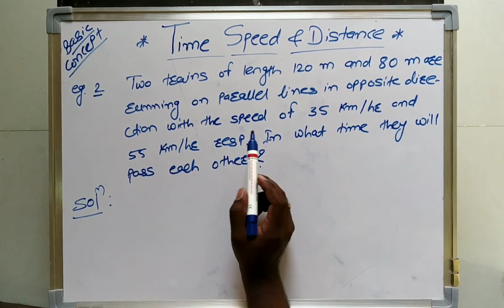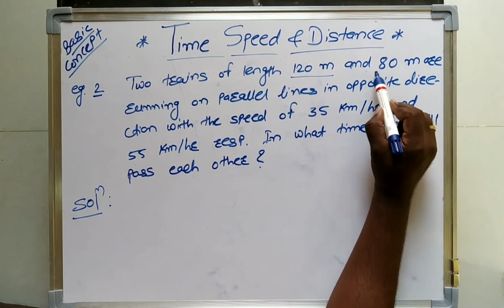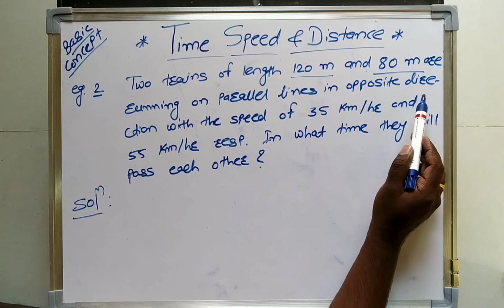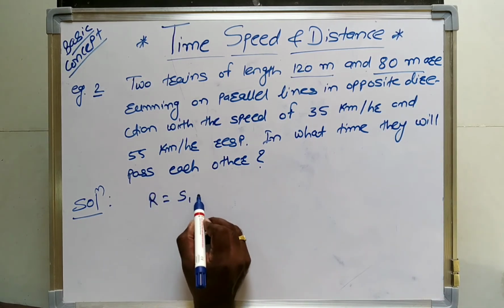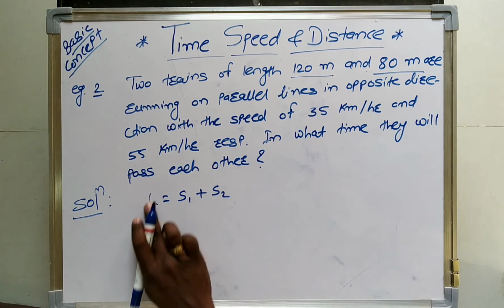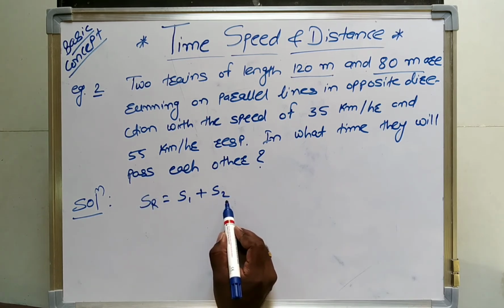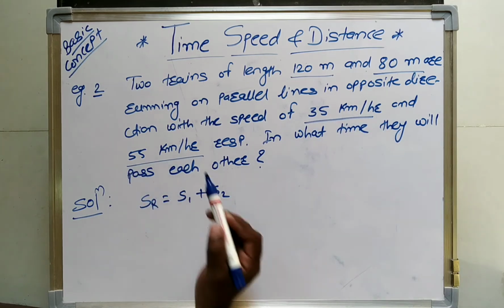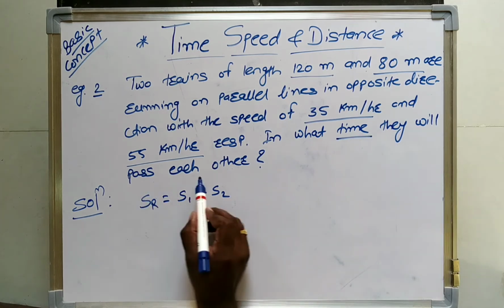Example number 2. Two trains having length 120 meter and 80 meter are running on parallel lines in opposite direction, with speeds 35 km per hour and 55 km per hour. It means the relative speed will be S1 plus S2. In what time will they pass each other?